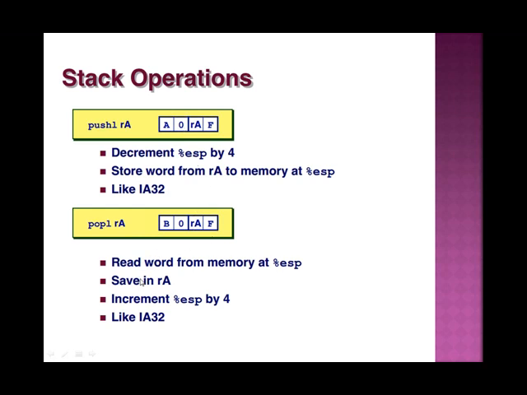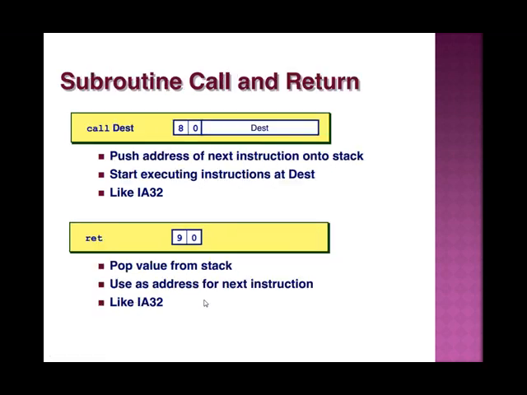This reads the word from memory. Push stores the word from rA to memory, while pop reads the word from the memory at %esp, then saves it in rA. Then increment %esp by 4, like IA32. So push decrements by 4, and pop increments by 4.